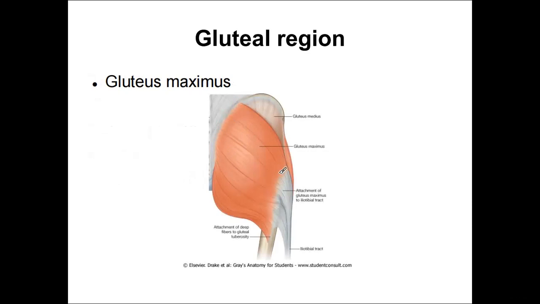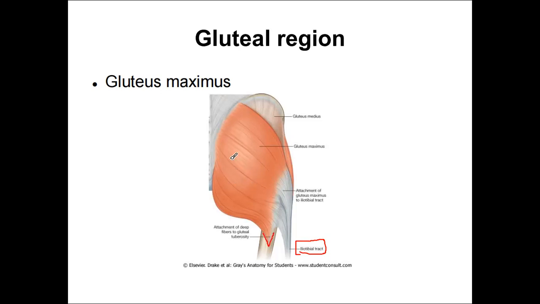And of its insertion, a greater part of it actually inserts on the iliotibial tract, and then another part will insert on the gluteal tuberosity on the femur. That is the gluteus maximus.